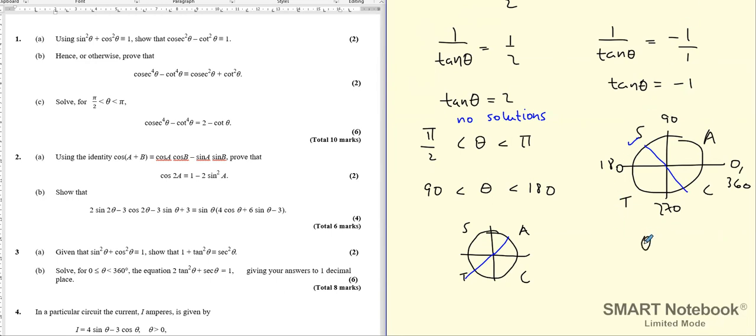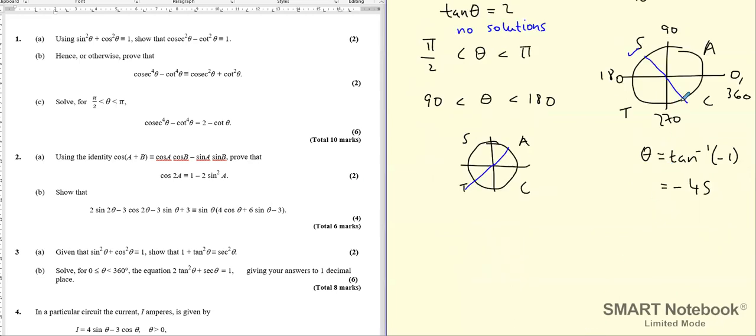And so if I do theta equals inverse tan of minus 1, you get minus 45. And so the angle, we ignore the minus, and the angle from the horizontal is 45.